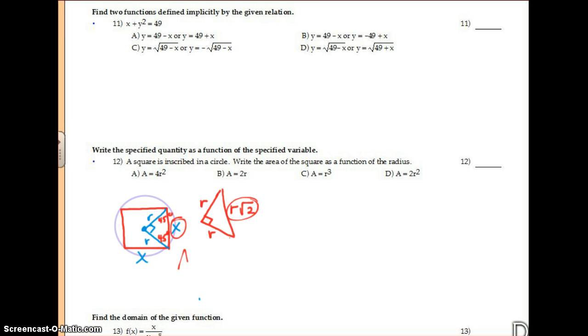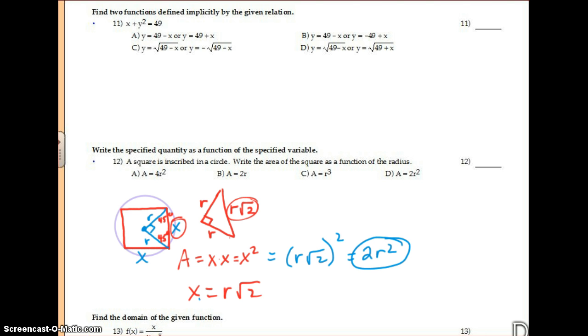So if I take the area of my square, x times x, which is x squared, and replace that x with r square root of 2, I would now have r square root of 2, squared. If I square r, that's r squared. If I square the square root of 2, that's 2. So I get 2r squared would represent the area, which is D.